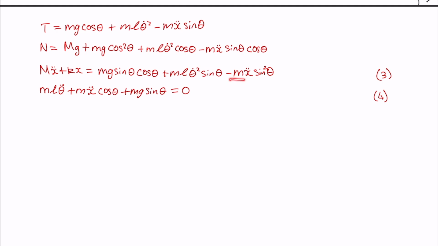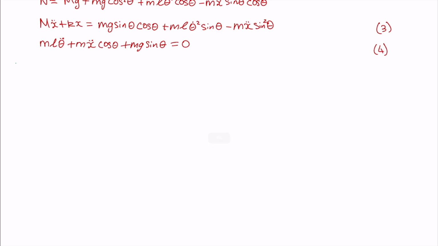We generally want to avoid these mixed terms at the highest derivatives. Like, we don't want to have x double dot multiplied by a sine theta. So we're going to want to do some kind of transformation to deal with that as well. This will allow us to put it in the form where we have the right equation for x double dot that does not include this mixed term and does include a similar term to what we saw in that theta equation.